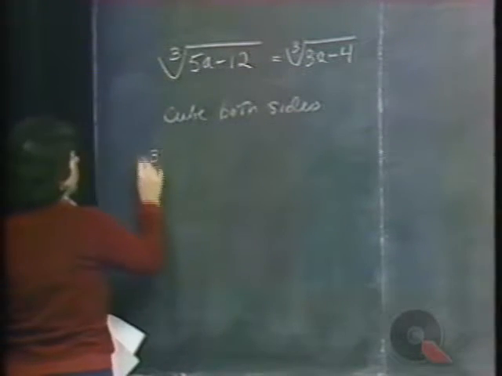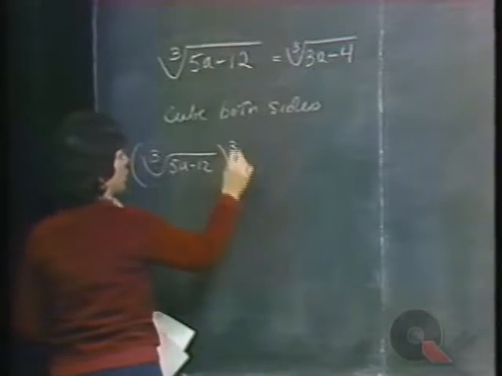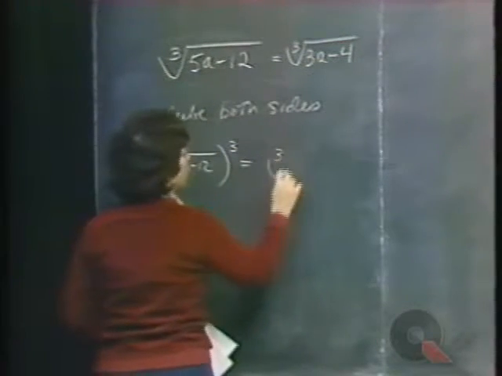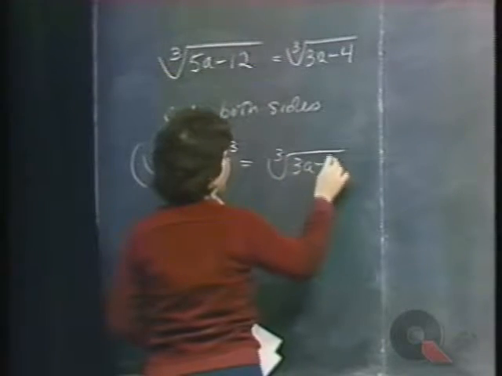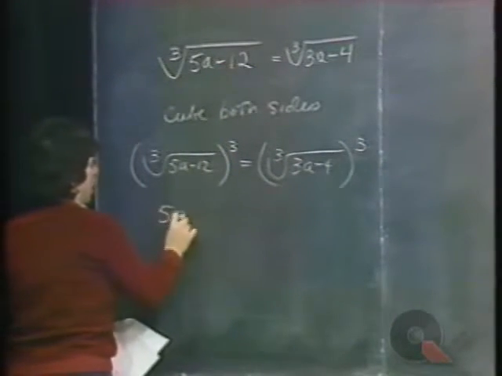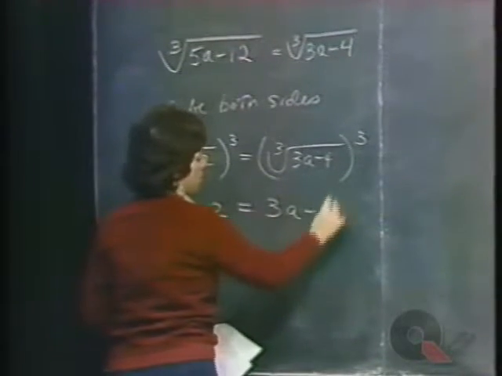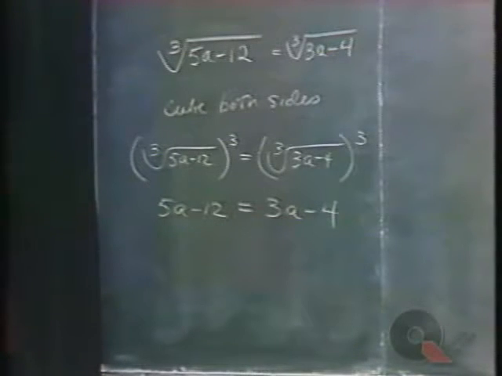Okay, the cube root of 5a minus 12 cubed is equal to the cube root of 3a minus 4 cubed. We get just 5a minus 12 on the left is equal to 3a minus 4 on the right.